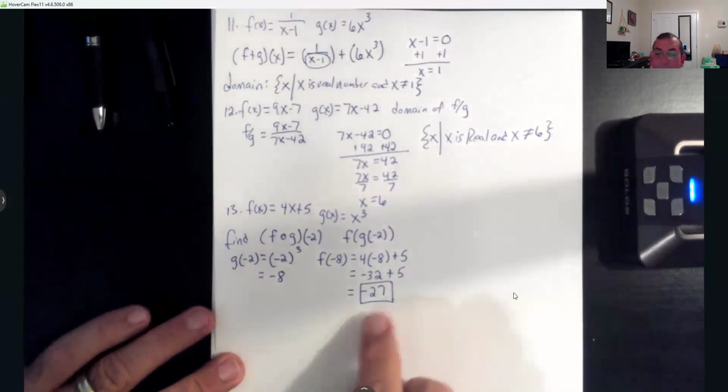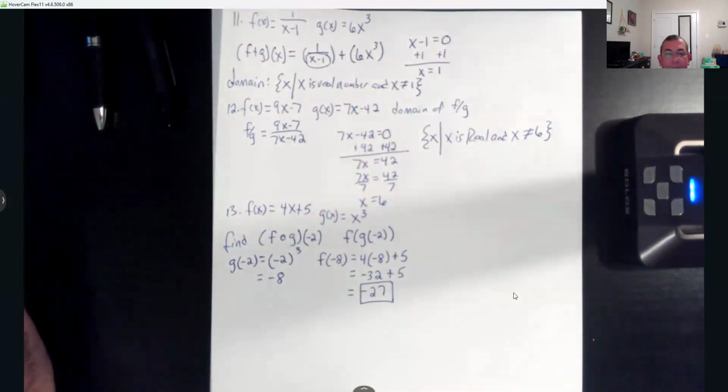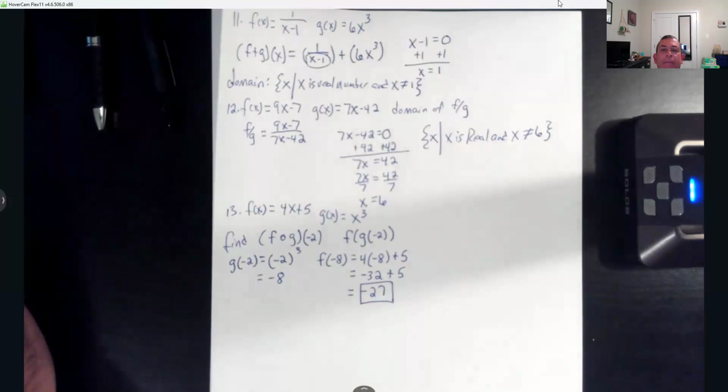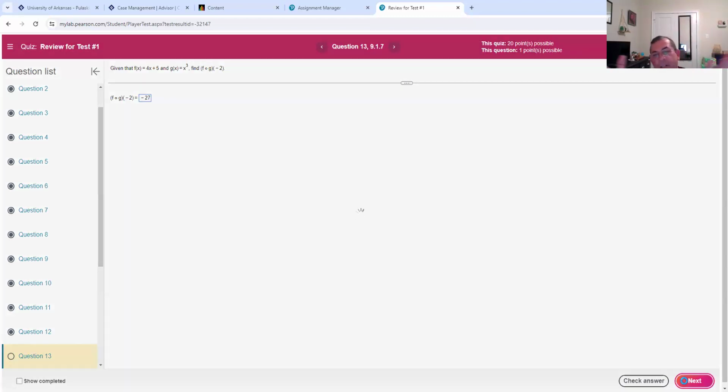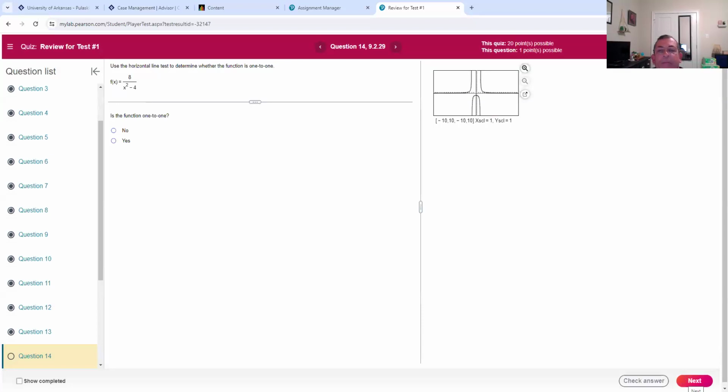So in MyMathLab, we just put our final answer of negative 27. Okay, so notice when they do give you replacement values, you will get an answer. When they just throw an X there, you're really just able to sort of simplify it, okay?